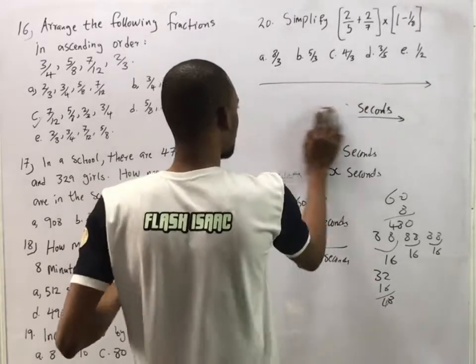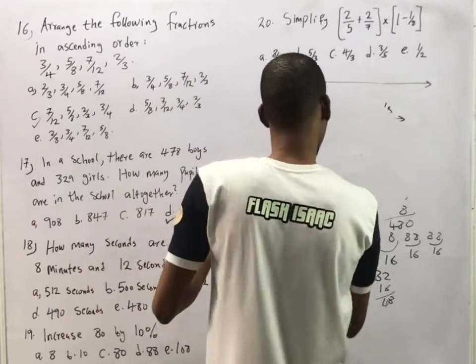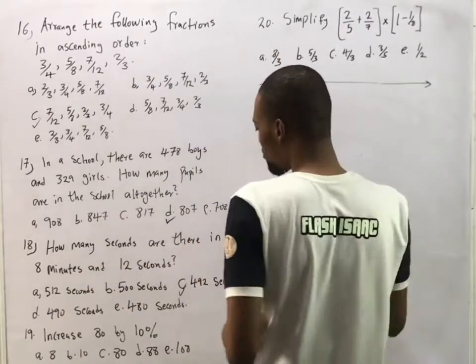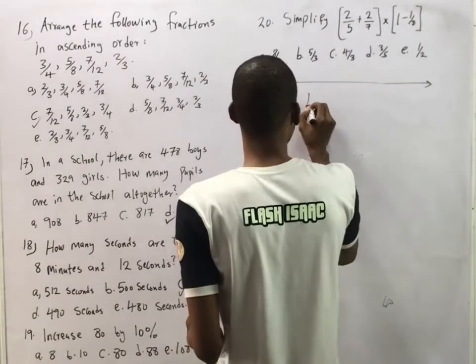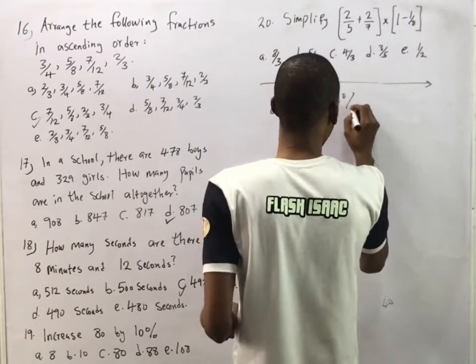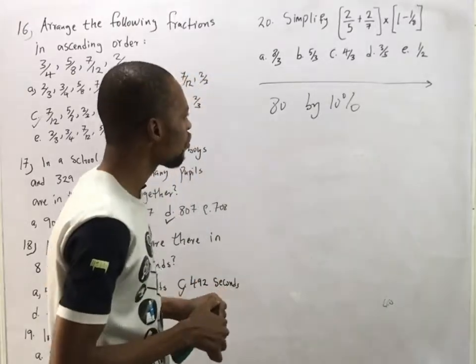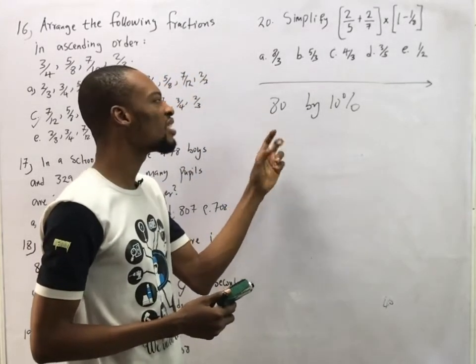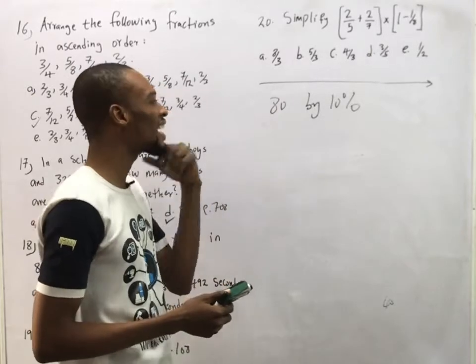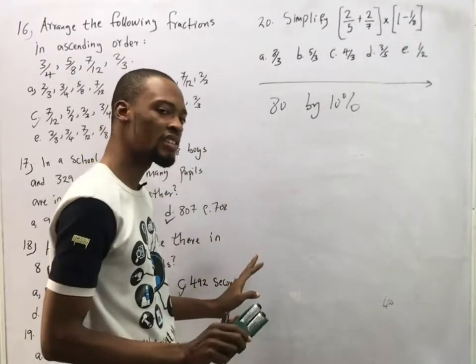Question 19 says, increase 80 by 10%. What this is asking us is to look for 10% of 80 and add it to 80. That is just it.